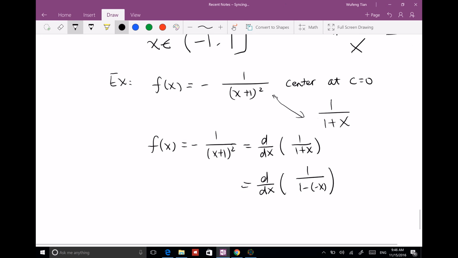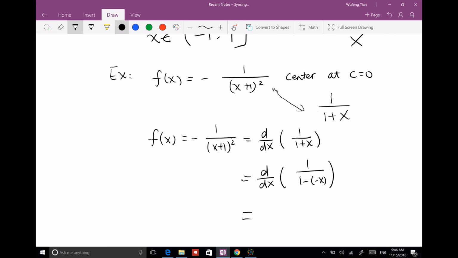Okay, and then d over dx, change that into, I have a over 1 minus r, so just the series n from 0 to infinity, negative 1 to the power n. R is negative x to the power n. Wait, I don't have that, right? I just have 1 times negative x to the power n.